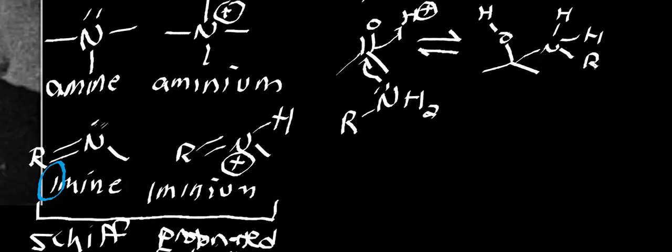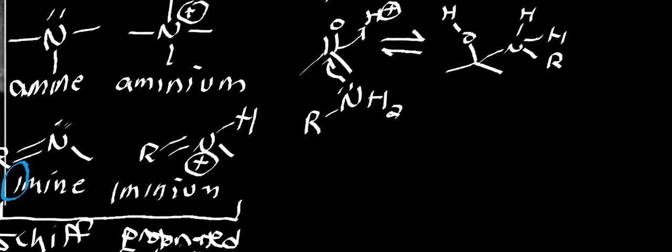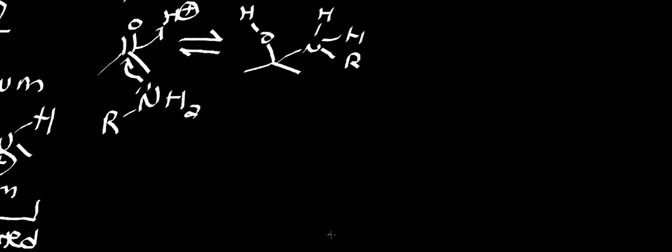Now, initially, assuming that you're in an aqueous environment, water is going to come in, or let's just say some base in general, because when we're talking about reaction mechanisms for, say, aldolase, there are going to be residues in the active site that do these deprotonations.